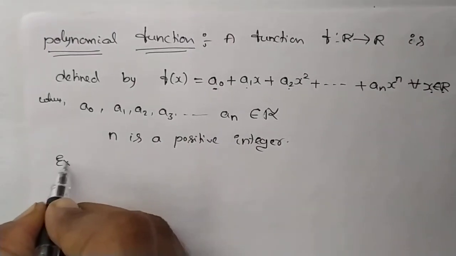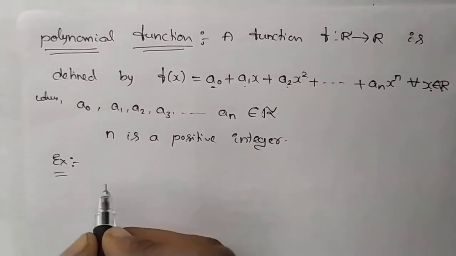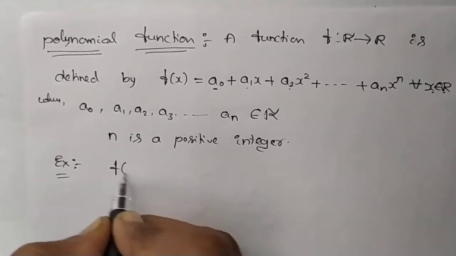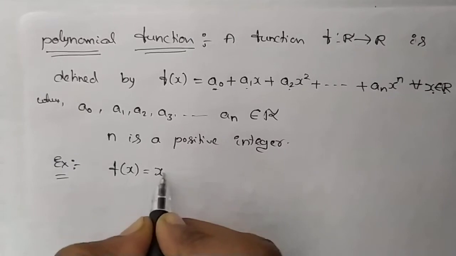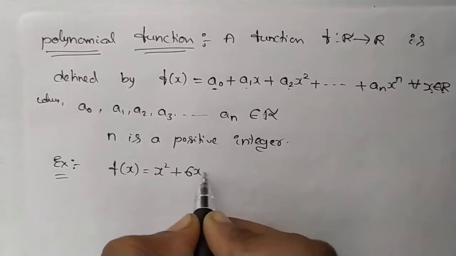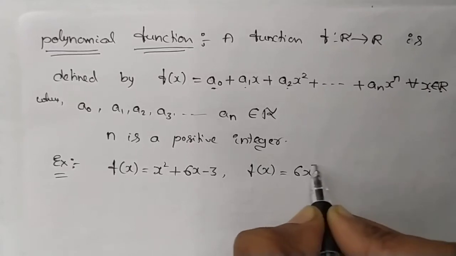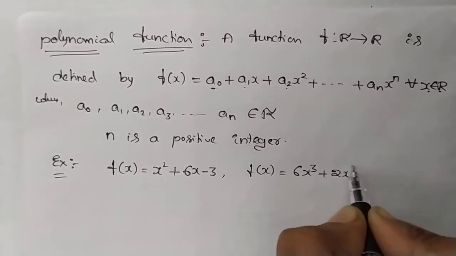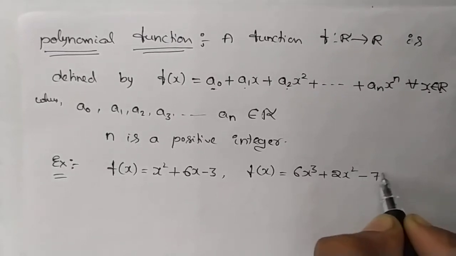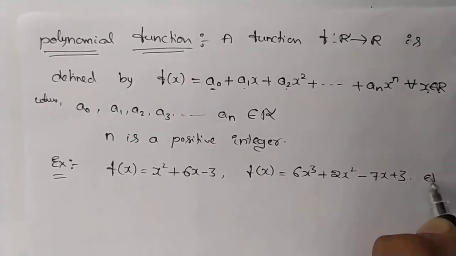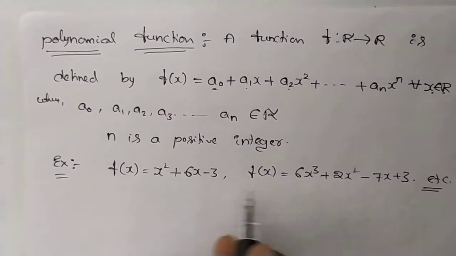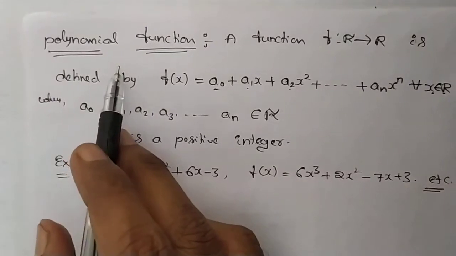For example, polynomial functions will be f of x equals x square plus 6x minus 3, f of x equals 6x cube plus 2x square minus 7x plus 3, etc. All these are examples of the polynomial function.